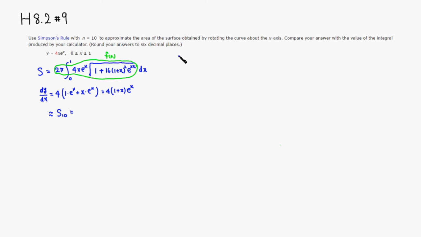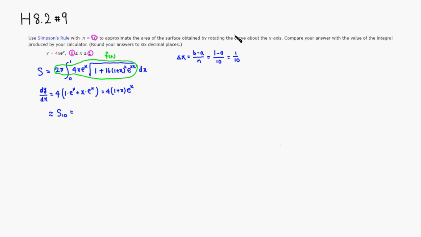Delta x is always b minus a over n. In this case, b is 1, a is 0, and n is given in the problem, n is equal to 10. So divide by 10, this is just going to be 1/10.